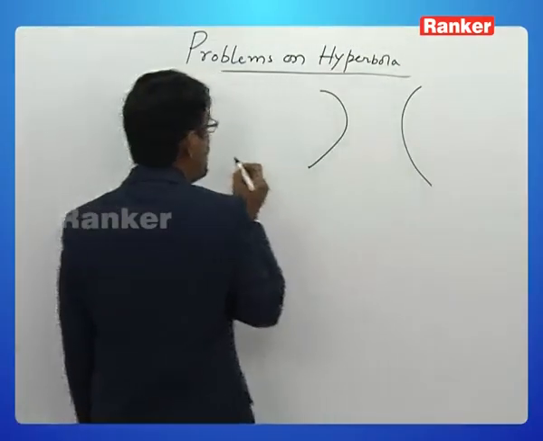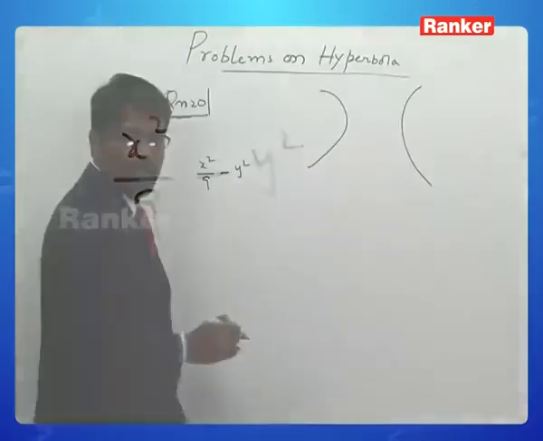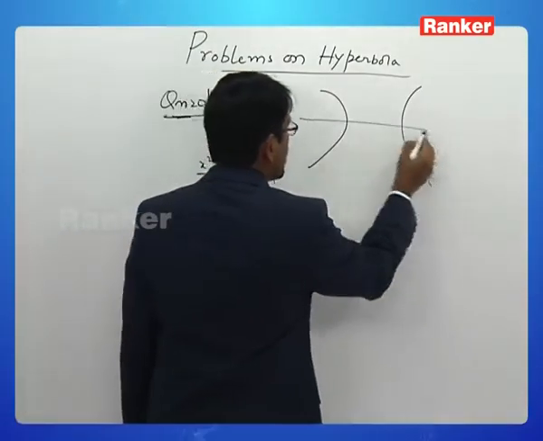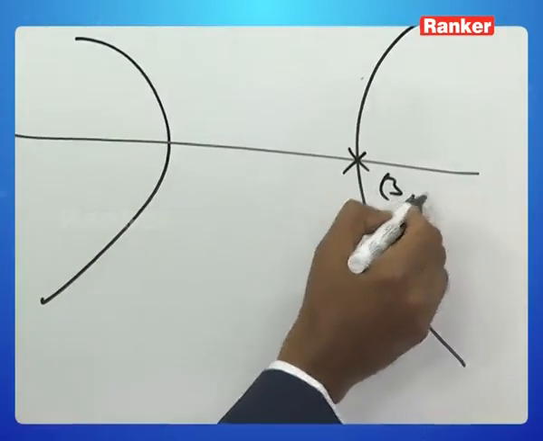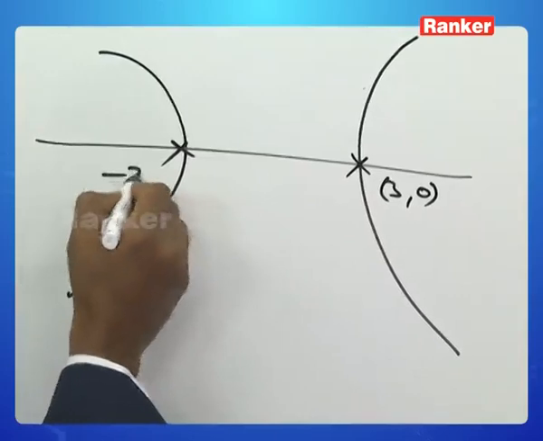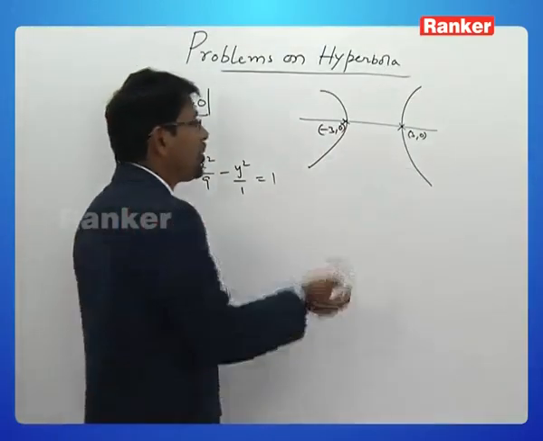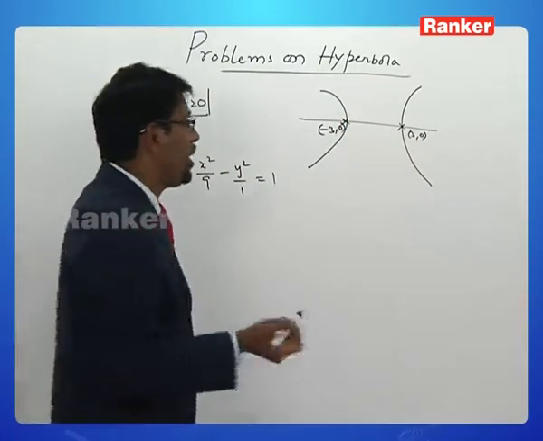x²/9 − y²/1 = 1. Okay, (3, 0) and (−3, 0) are the vertices of this hyperbola. So clearly it's a point on the hyperbola. From a point on the hyperbola, we can only draw one tangent.